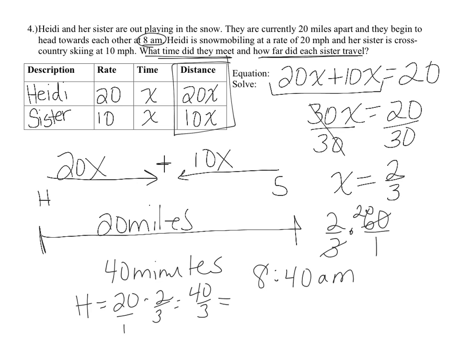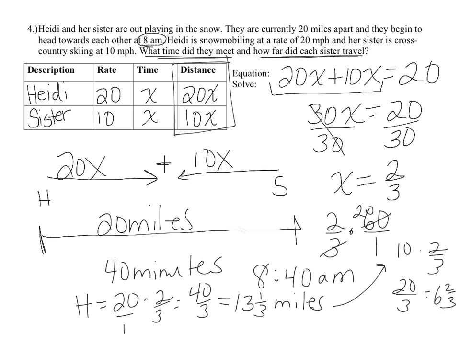It goes in 13 times, and that's a third. 13 1/3 miles is how far Heidi traveled, and then her sister would be 10 times 2/3. So that's 20 over 3, and 20 over 3 would be 6 2/3.